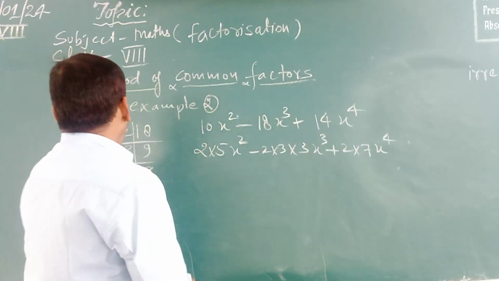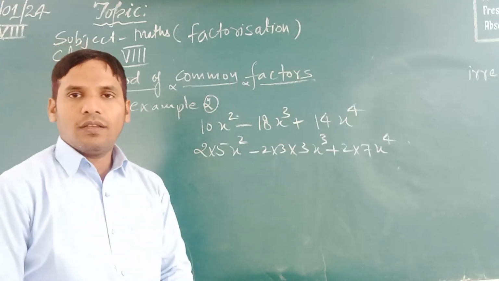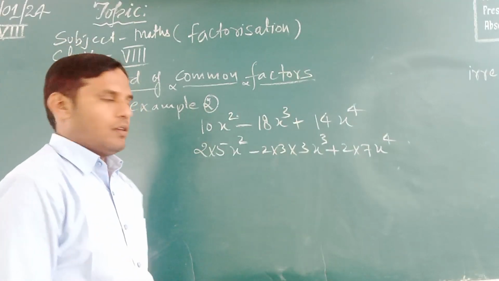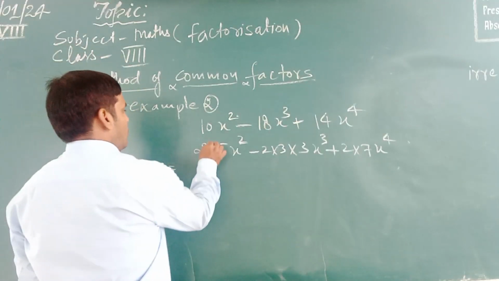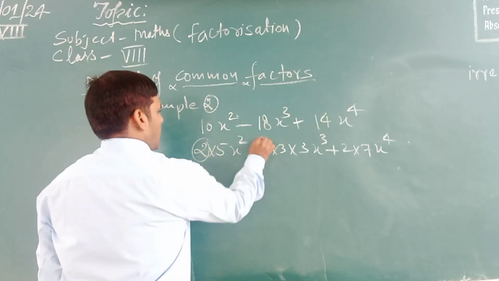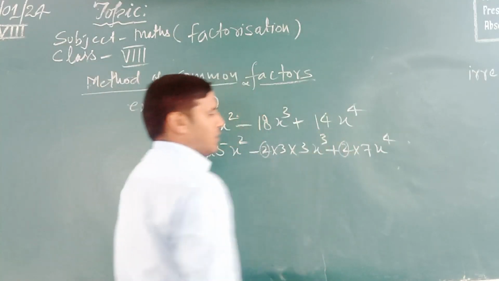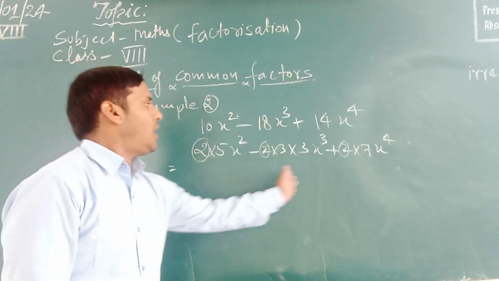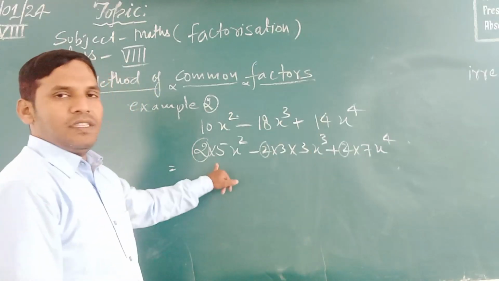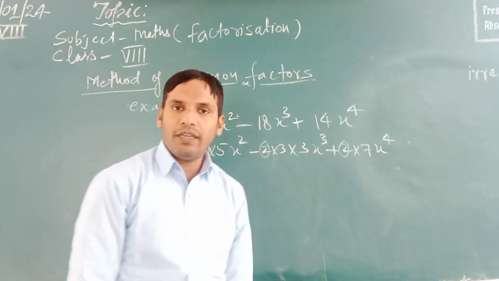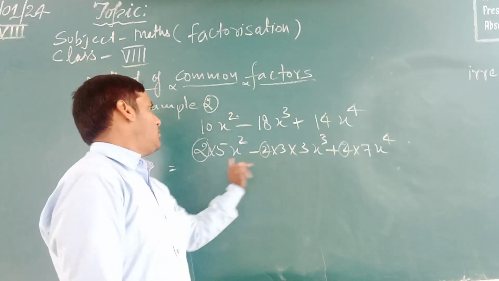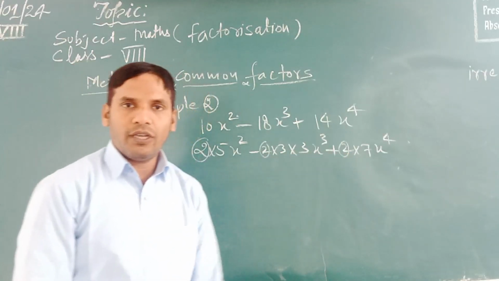Right? What is the common number? You can say 2, 2 and 2. The natural number 2 is common between all the given numbers. 5 is here but 5 is not here, so we cannot take it as common. 3 is here but 3 is not here, so we cannot take it as common.